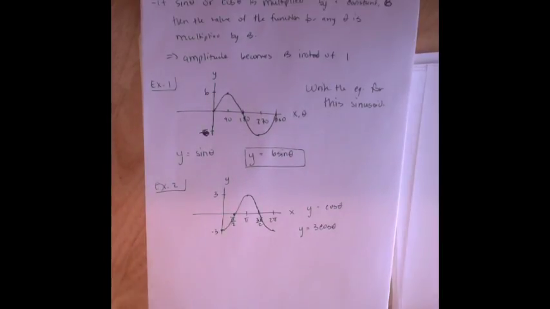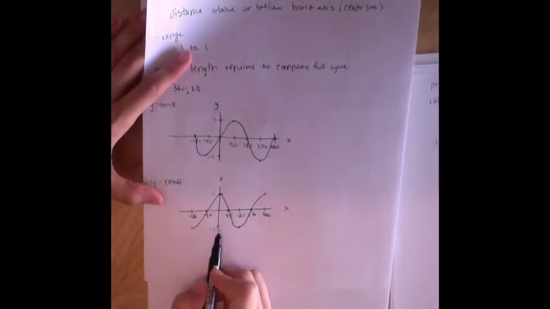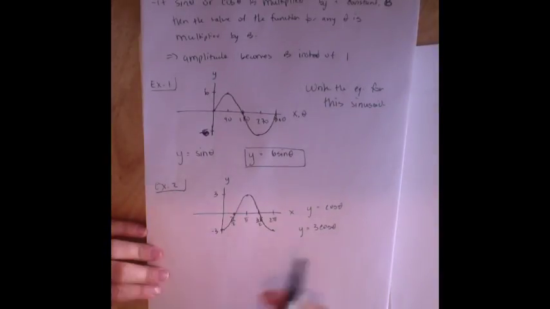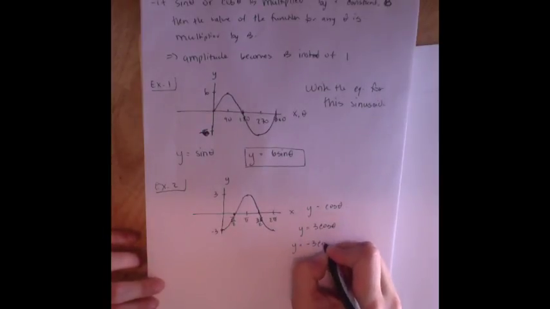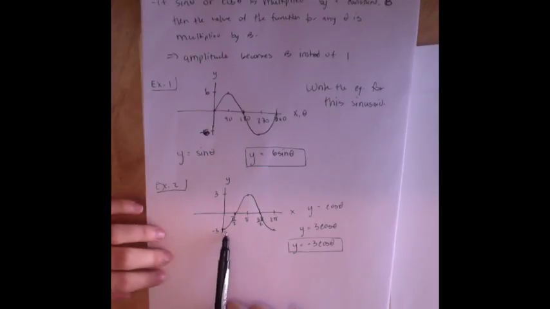However, we know if we look at our regular cosine, we start at positive, not negative. But in this one, we start at negative, which means we reflected over the x-axis. Now we should know what to do with reflections. I multiply my outside by a negative. So this is y equals negative 3 cosine of theta because I flipped over the x-axis.